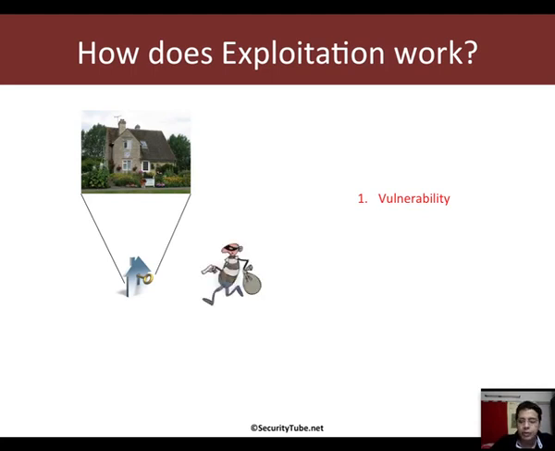A robber having that duplicate key, or some other technique with which he can open this lock without having the original authorized key, is the exploit. So the exploit is the robber's key or any other technique he uses. Finally, once the robber opens the door with his key, that is the exploit, and goes inside, whatever he does is called the payload, which may include grabbing all your jewelry, vessels and whatnot.